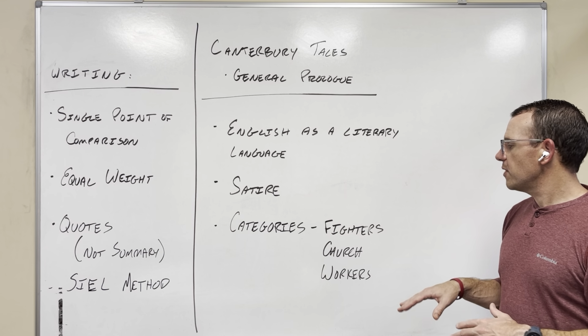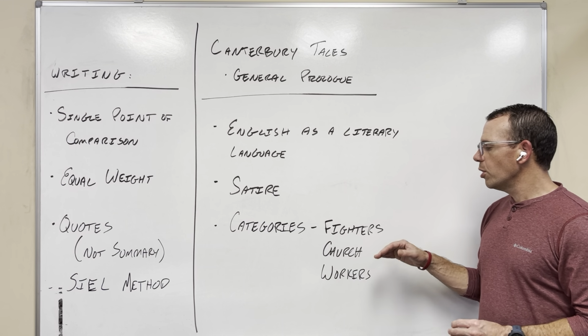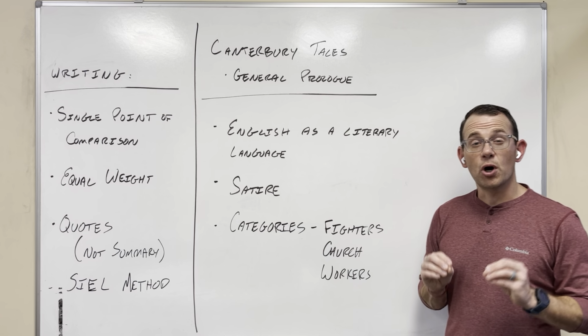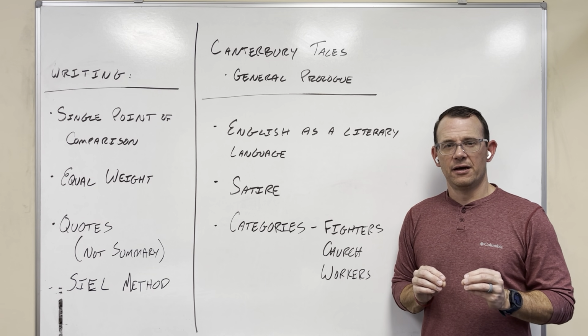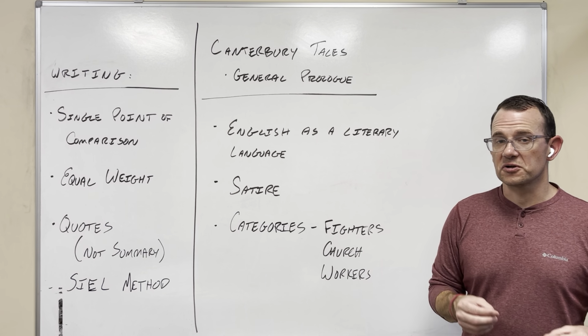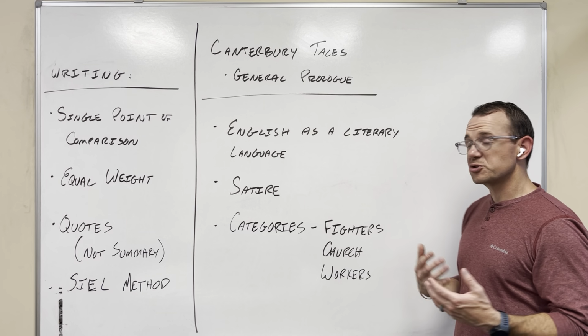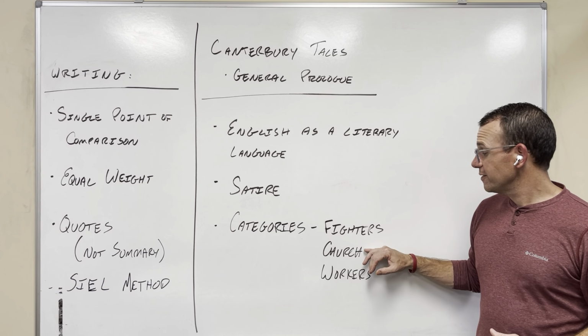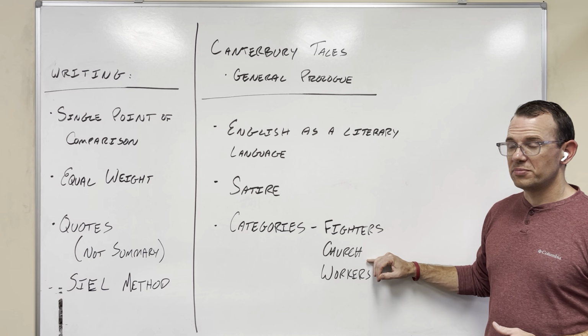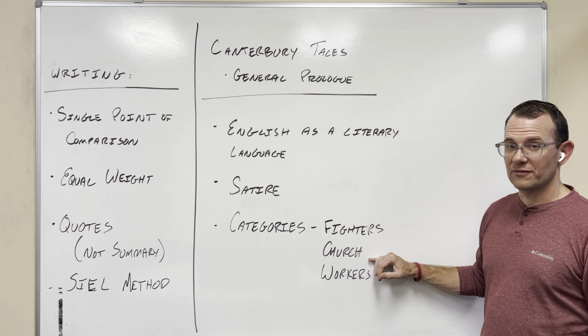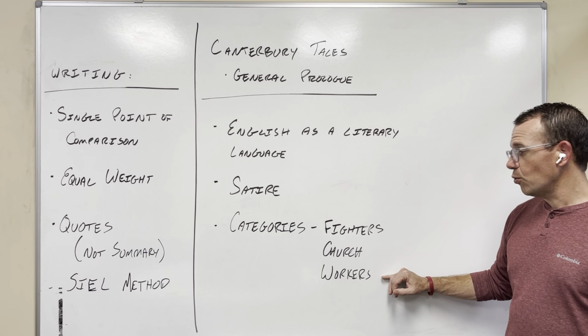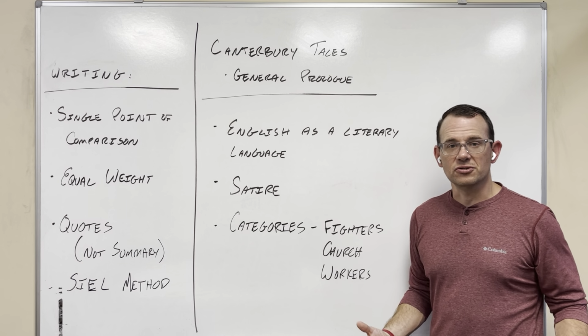Keep this in mind for an important reason. What are these people supposed to do in society? How is a knight supposed to serve the kingdom? How is a squire supposed to act? How are the church people supposed to act? That's a really key one for Chaucer. What do we see in the workers who may not have the same social categories?